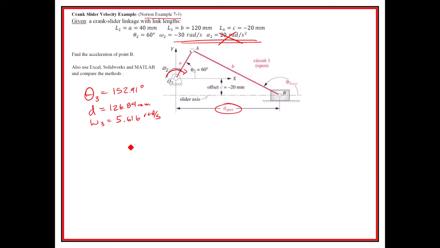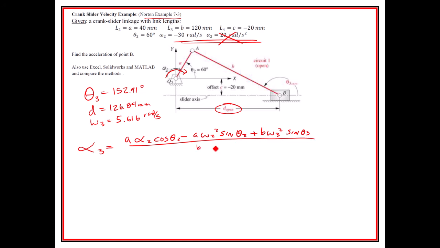So if I use the formula here, I guess I'll write it out, even though you can look it up. You'll see that that's A times alpha 2 cosine theta 2 minus A omega 2 squared sine theta 2 plus B times omega 3 squared sine of theta 3 divided by B cosine of theta 3.